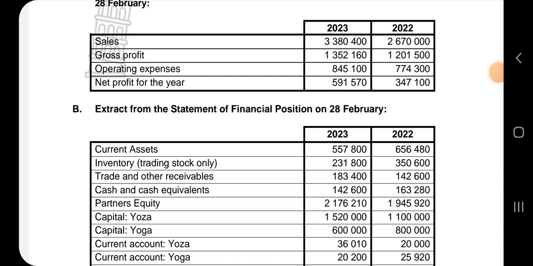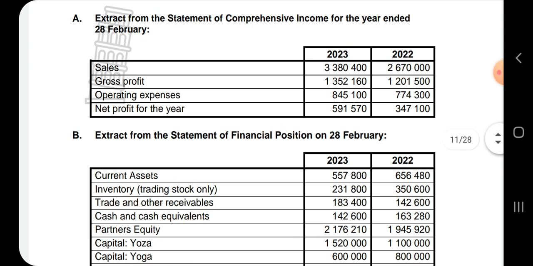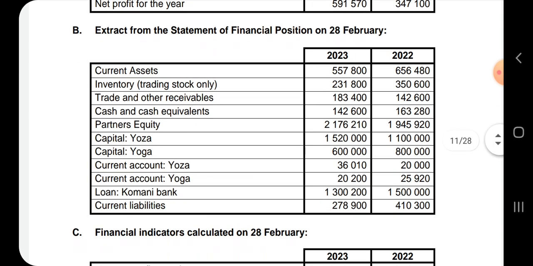So earnings by partners is the net profit for the year. So we're going to take 591,570 from the statement of comprehensive income, and then on the bottom we are going to look at the partners equity, 2,176,210 plus 1,945,920. You're going to add them and divide them by 2, and we'll have the bottom part.